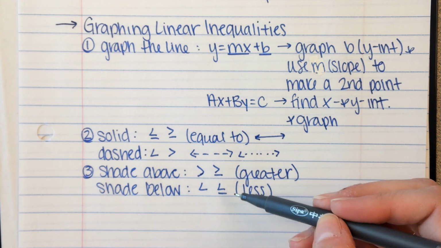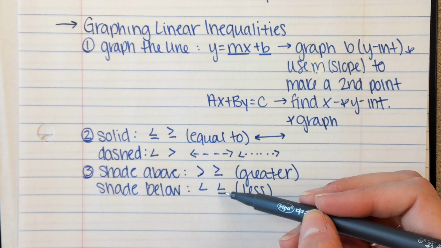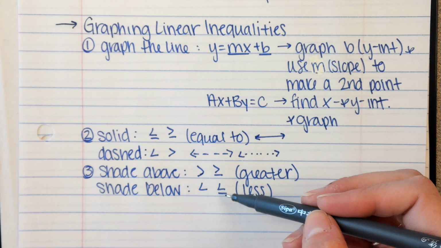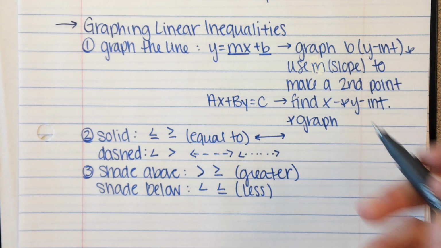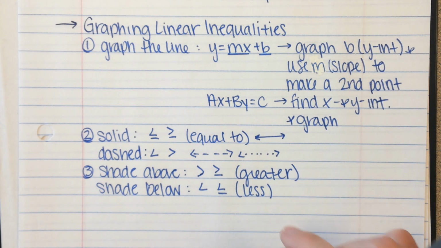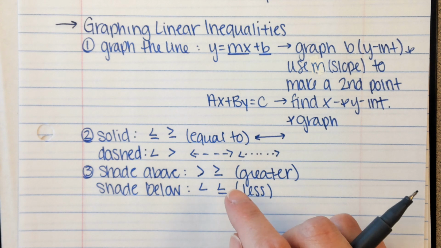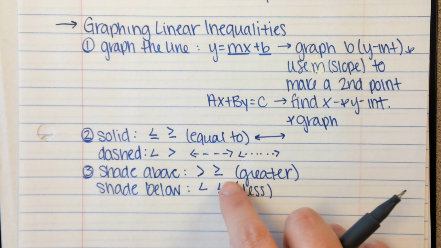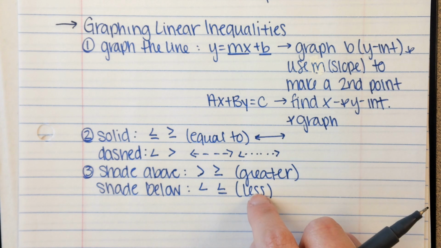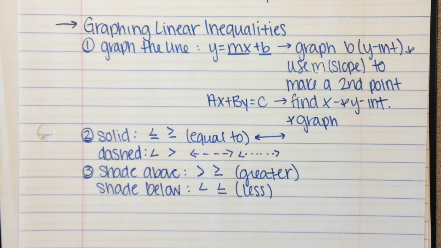You're going to shade below if it's less, so less than or less than or equal to. All right, and most of the time it's pretty easy to see above or below, but a helpful little hint is to look at the y values. So look above the line and look at the y values, see where the y values are greater. If you see this symbol, if it's less, you're going to shade below.